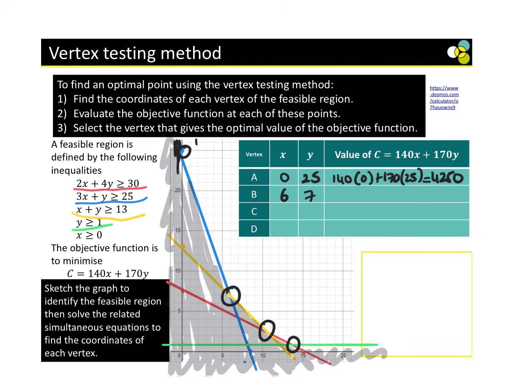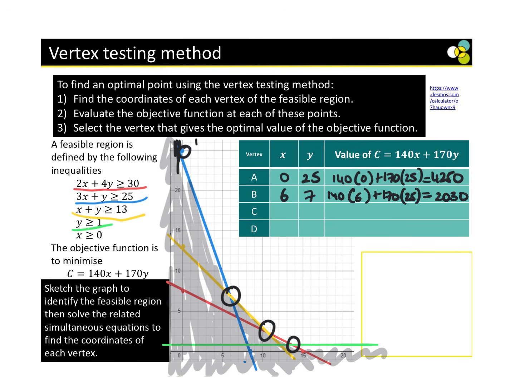Simultaneous equations. If it's easy to read off the graph, if it's exact, you use this. So again, we're going to do 140 times 6, because that's my x, plus 170 times 25, and we're going to get 2,030.